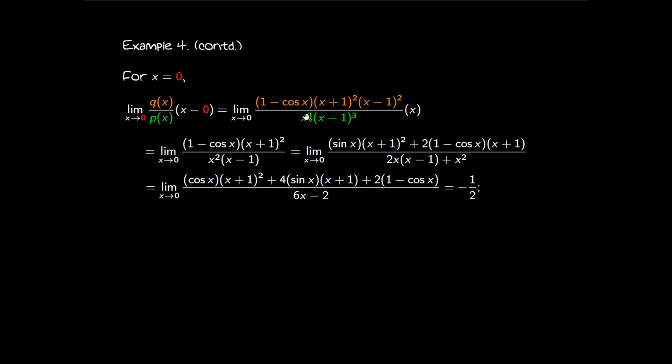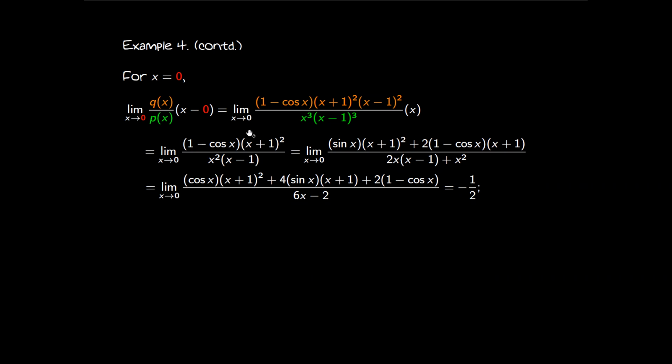You can do some cancellations. When you check the value, the denominator is apparently going to be 0, but the top is also going to be 0 because cosine 0 is 1, so 1 minus 1 is 0. So we have a 0 over 0 pattern.